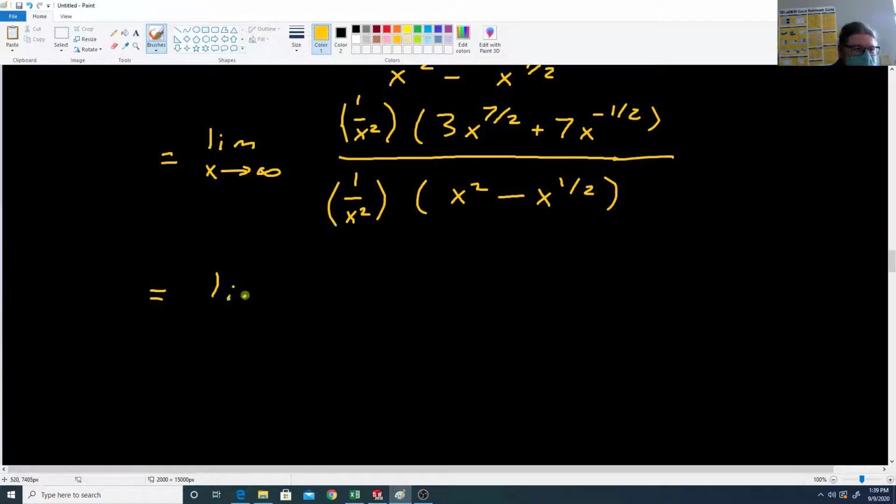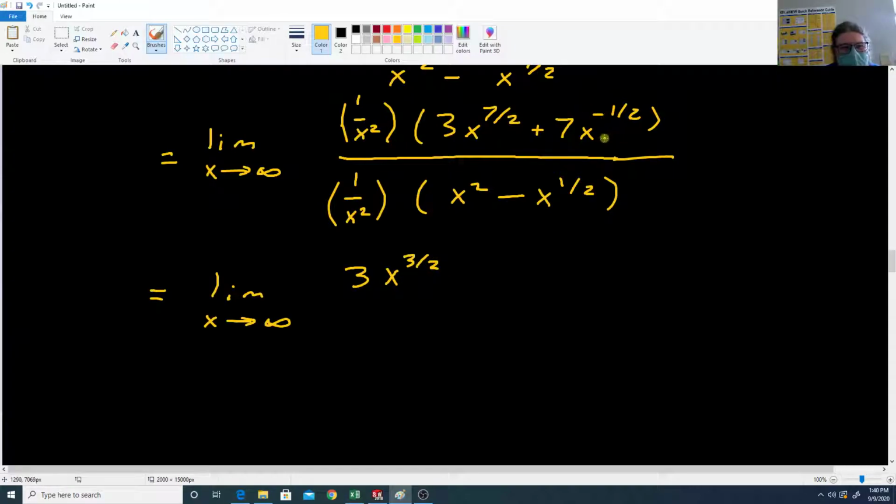So we've got the limit as x approaches infinity. We have 7 halves of an x up top, which is 3.5. We have positive 2 x's down below. 3.5 minus 2 is 1.5, which is x to the 3 halves. So the top will become 3x to the 3 halves.